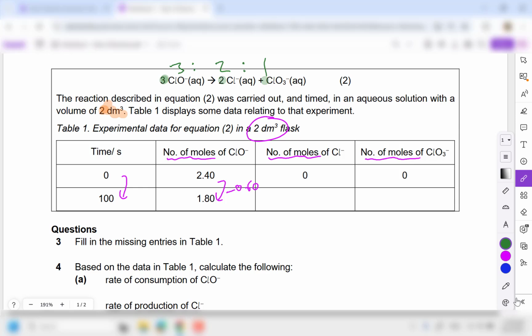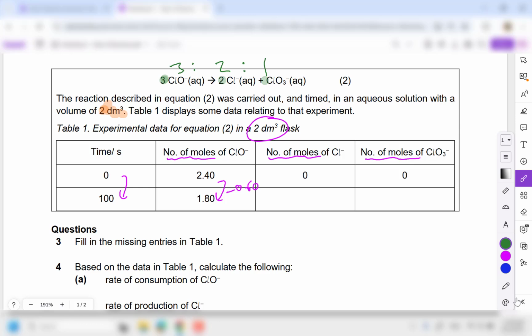Because of this stoichiometric ratio, the drop in the amount of chlorate 1 by 0.60 means that correspondingly the chloride will increase by the corresponding stoichiometric ratio. So you need to multiply it by the appropriate ratio.